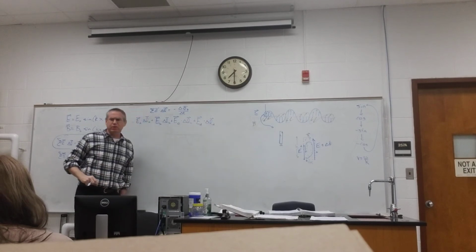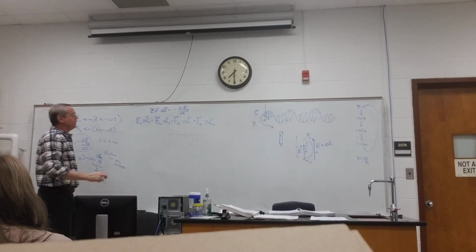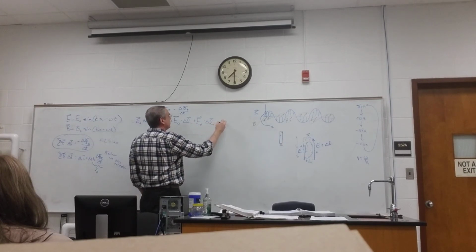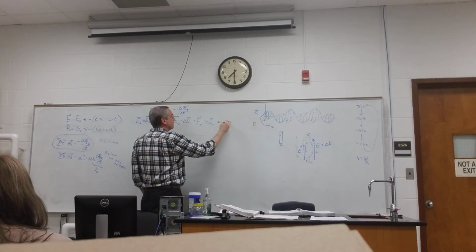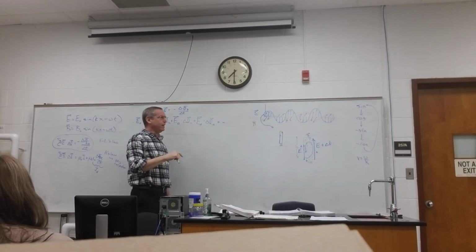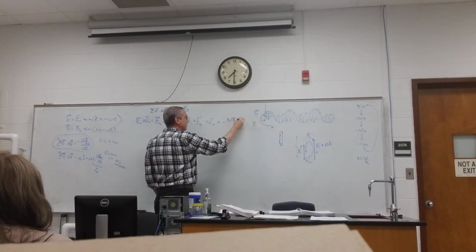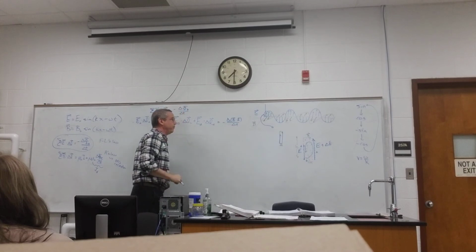We did something similar when we were finding the magnetic field inside a solenoid. And that's equal to the negative, well, magnetic flux is just B dot A. So this is the change in B dot A over delta T.